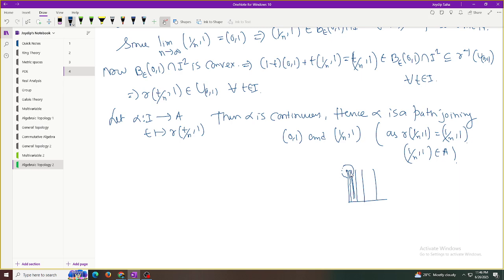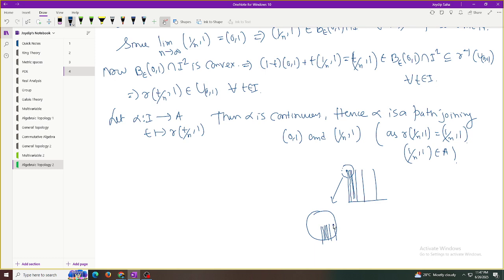If I magnify this, locally it looks like some strips after 1 by n. So there is no path between them.